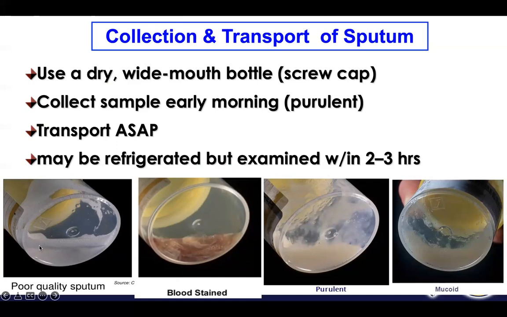So this shows purely saliva, so this is a poor quality sample. Blood-stained samples, purulent samples like this, or mucoid samples like this are usually accepted for laboratory assays. So be very familiar with how saliva looks and how it is different from purulent samples.